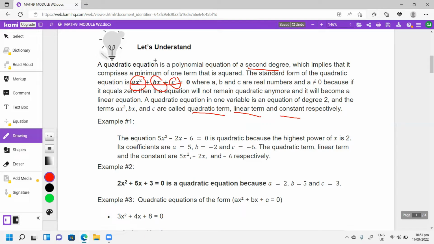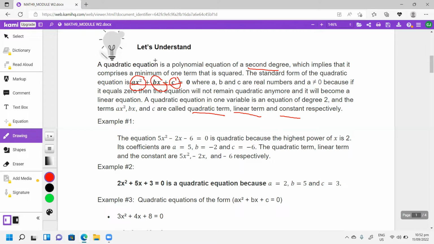Again, ax squared is our quadratic term, bx is our linear term, and c is our constant. So again, we can identify if the polynomial is a quadratic equation if its highest exponent is 2, or the highest exponent of the variable is 2.